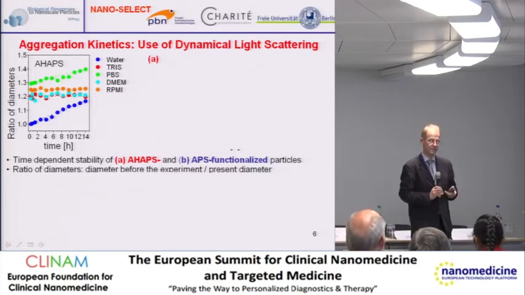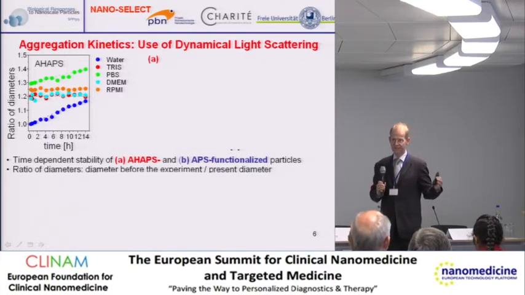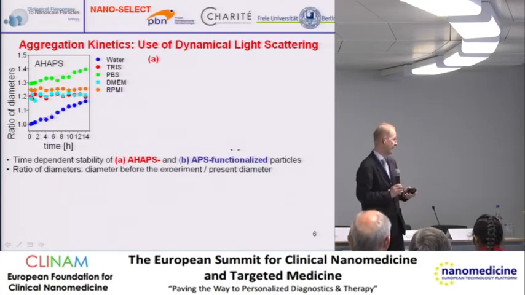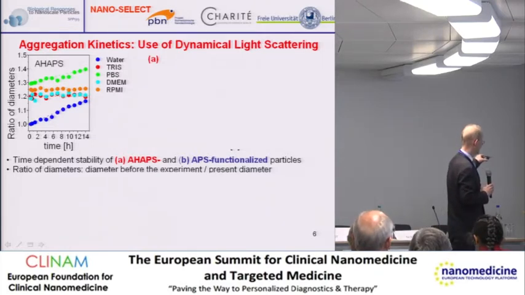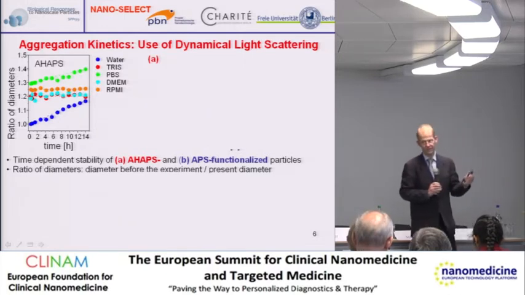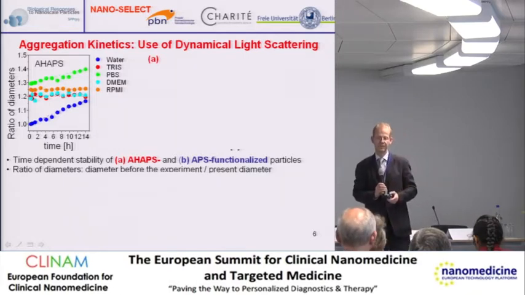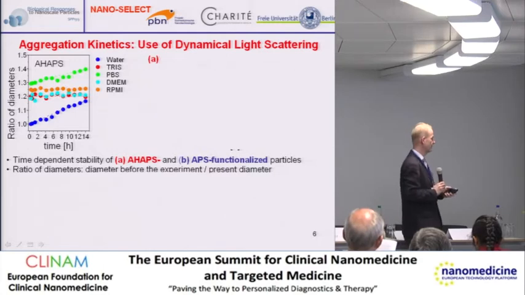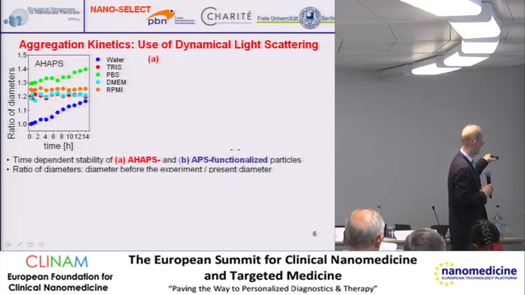And what one wants is, of course, that these particles stay isolated, so electrostatically stabilized, so that one wants to have no increase in diameter as a function of time. This is here the ratio of diameter, that is the ratio of the actual diameter divided by the initial diameter probed by dynamical light scattering. We want that this should remain at unity.